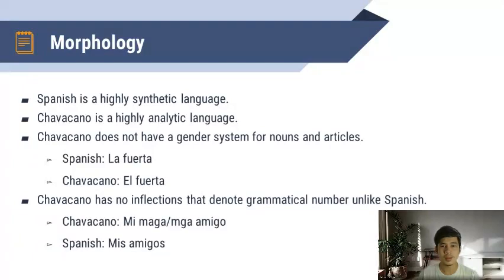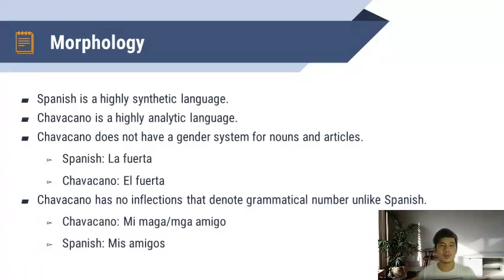And then we use the article el in Chavacano consistently for all nouns. Unlike in Spanish, the article form is dependent on the noun it determines.